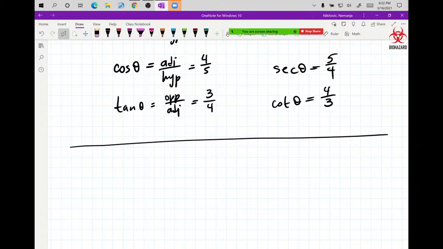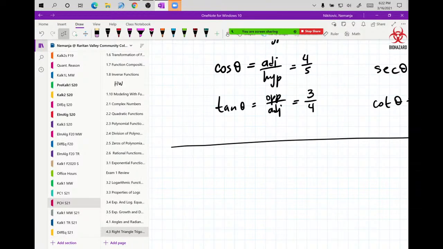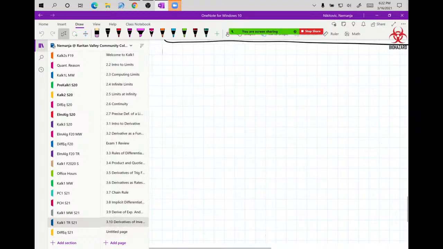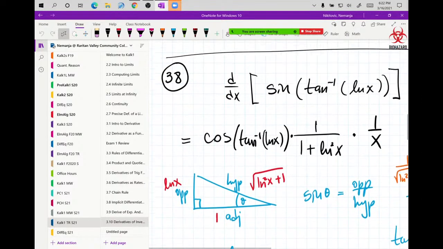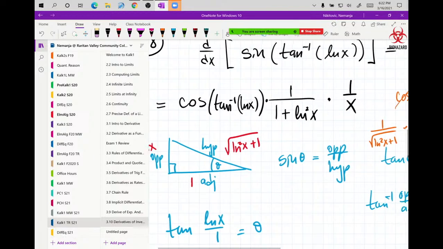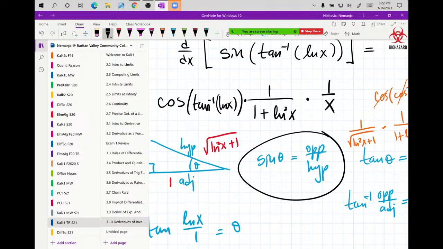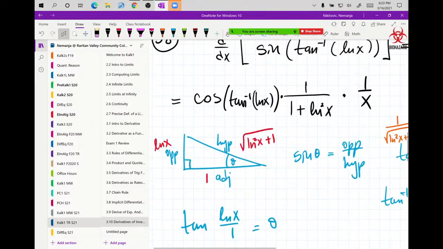Actually, today in Calc 1, we had, let me see, where's the Tuesday, Thursday class? There we go. Derivative, here, this one. See? There it is. Exactly what we are talking about right now, and I used the sine, opposite over hypotenuse, and set it up, and then we did stuff with it. It doesn't matter.